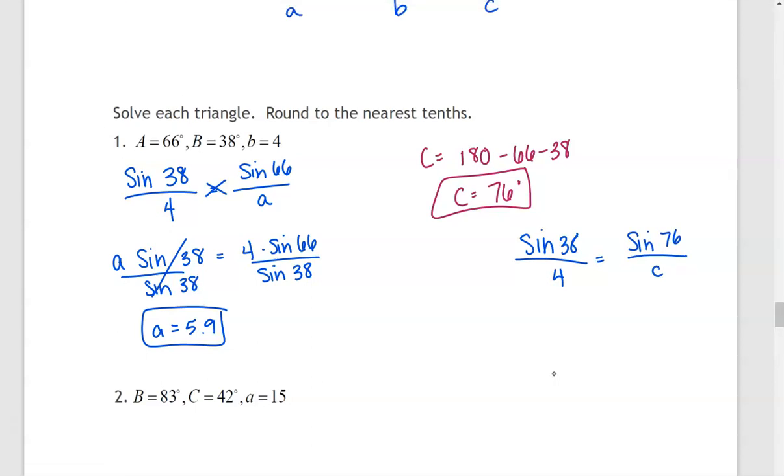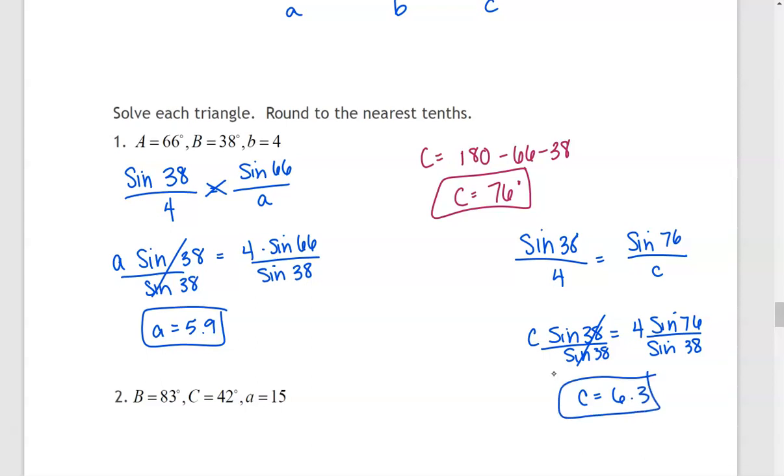And then we can cross multiply and then divide by sine 38. And if we type this into our calculator, we wind up with 6.3. And there we go.